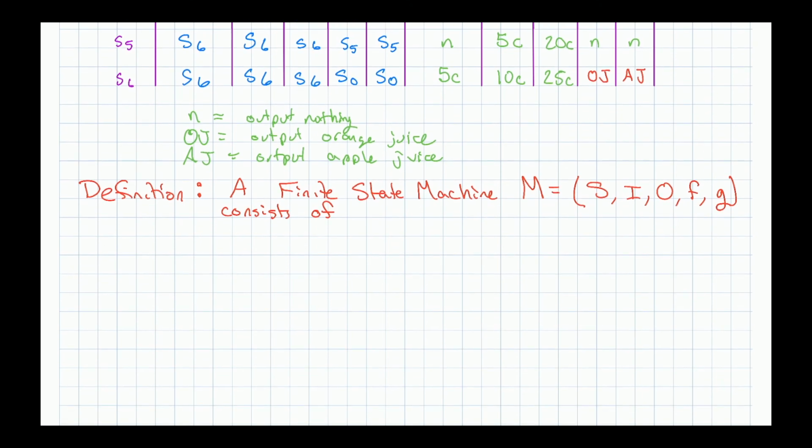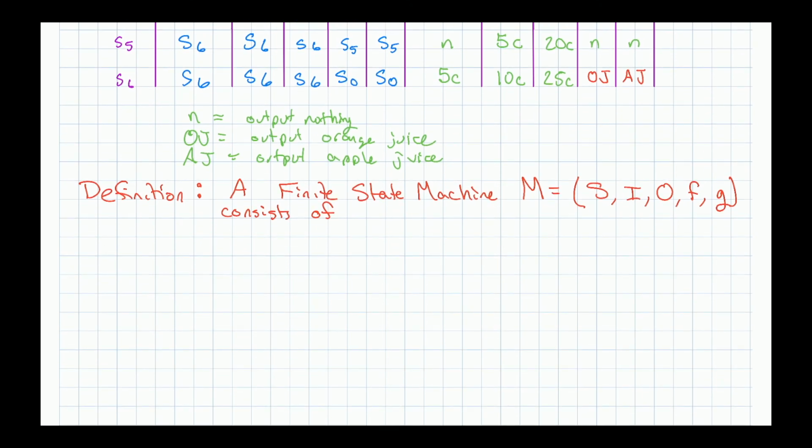So what are these, the S, I, O, F, and G? What it consists of are S. S is going to be a finite set of states, like we had S0 through S6 in the example.